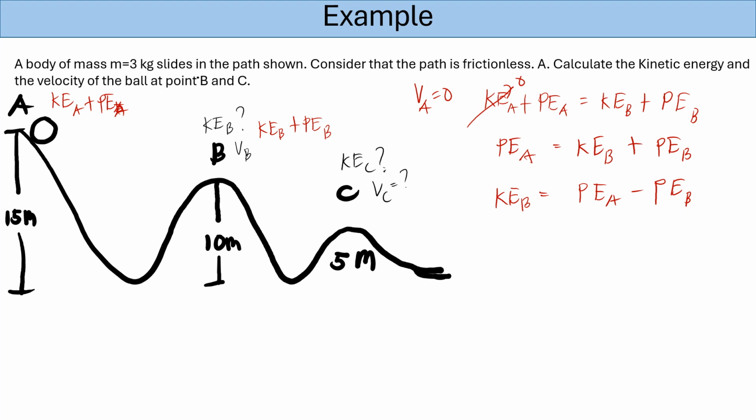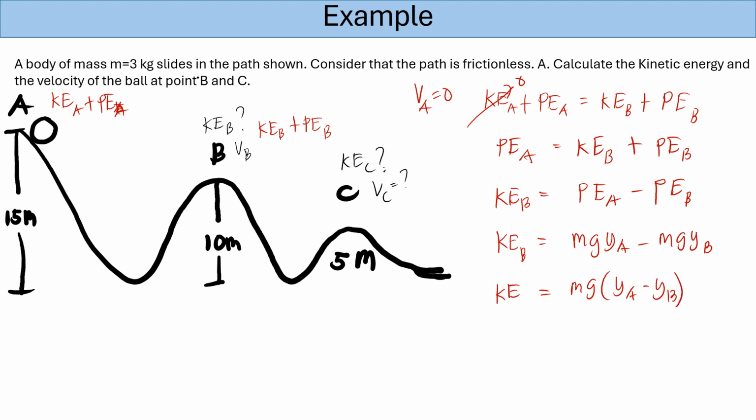Now, if we're going to expand, that will be equal to mg YA minus mg YB. Or finally, you can just have mg times YA minus YB.